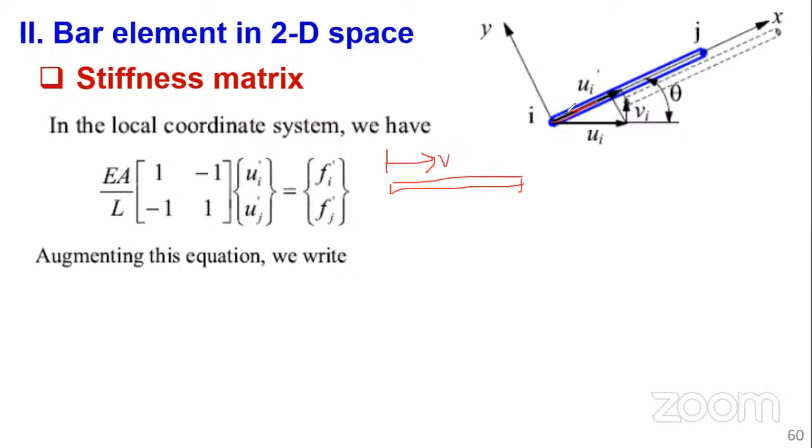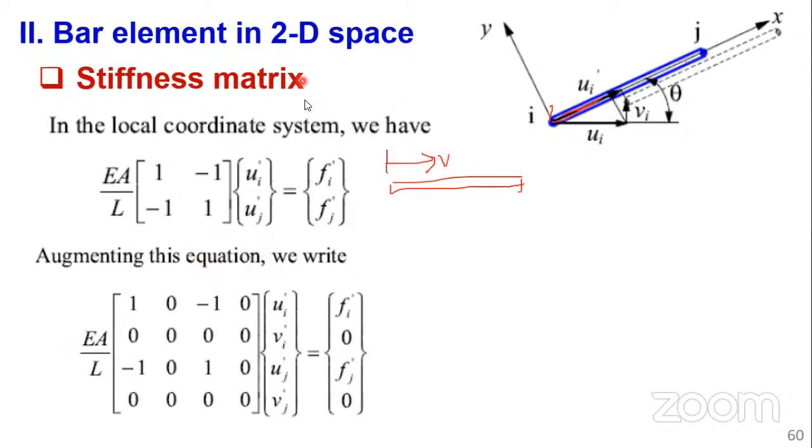But when it's oriented like this, we are saying there is a vertical component, even though in the local coordinate system, that vertical component is kind of virtual. It doesn't contribute to the stretch of this member. But globally, the vertical component is important because our truss structure will have both vertical displacement and horizontal displacement. So we are augmenting to introduce the vertical component.